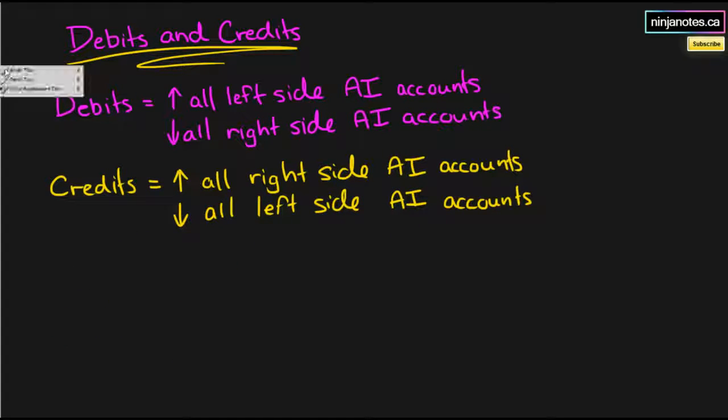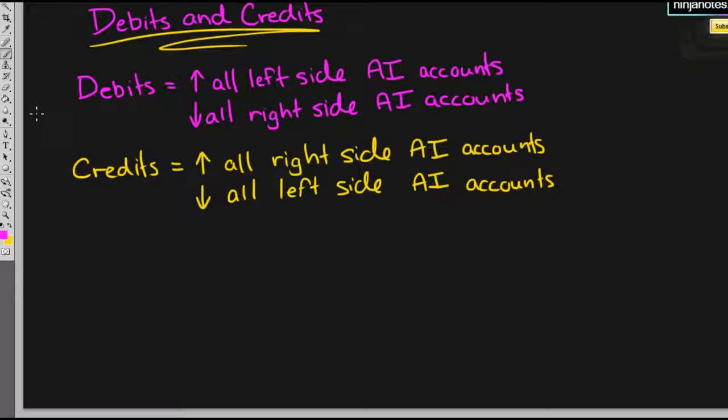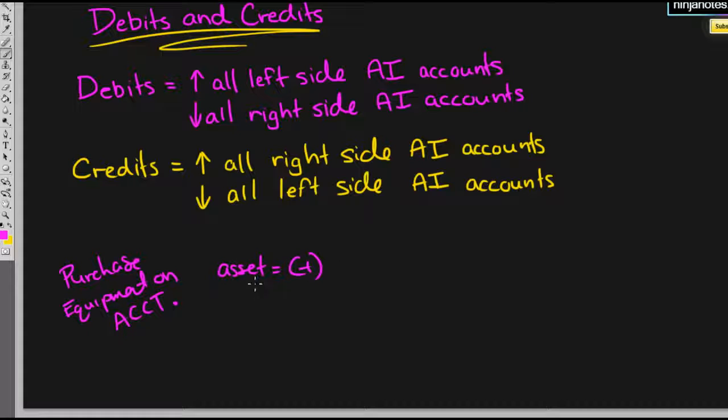Let's look at an example. Say we have a transaction where we purchase a piece of equipment on account. The first thing I look at is what's going on here. We purchase a piece of equipment, so this is an asset that we're gaining, and we are purchasing it on account, which, if we're not paying cash, means an accounts payable.